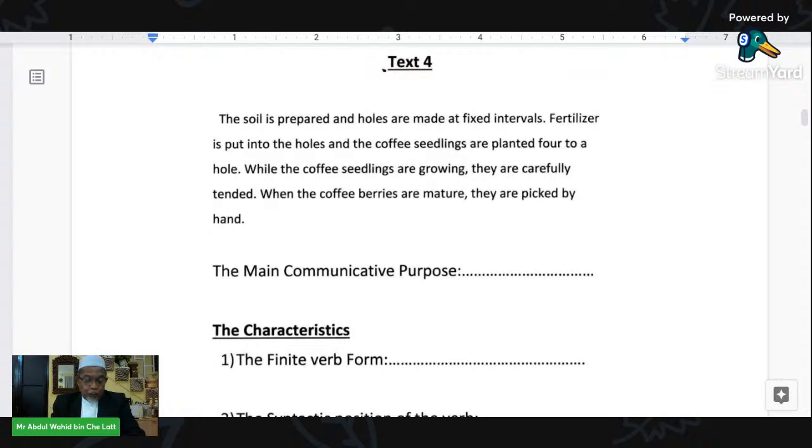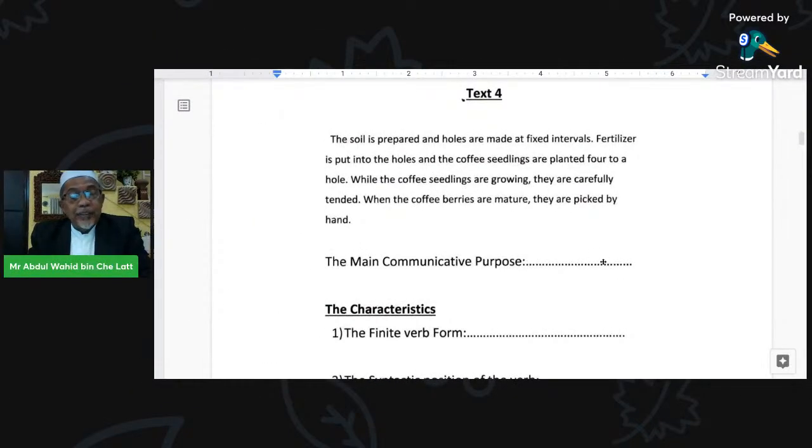The text is generally describing a process that involves human control or human touch. Since it is a process that involves human control, we call it a description, man-controlled process.